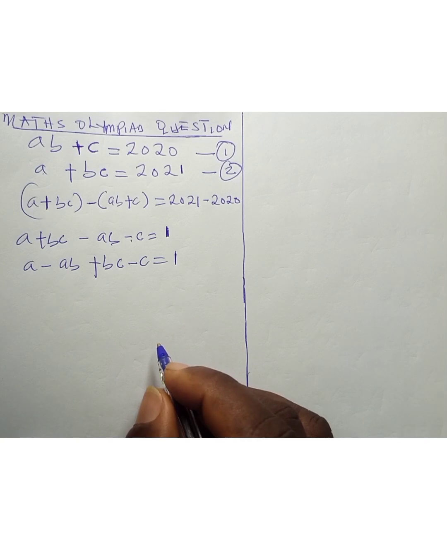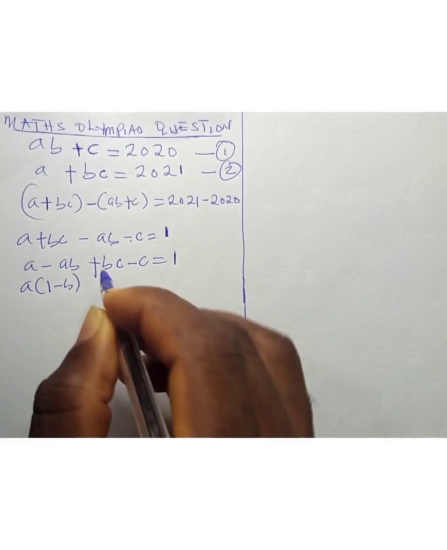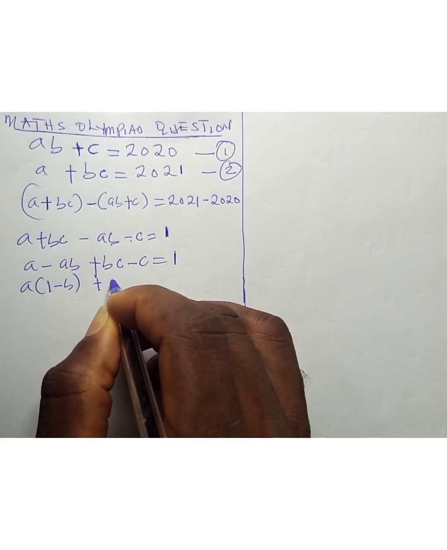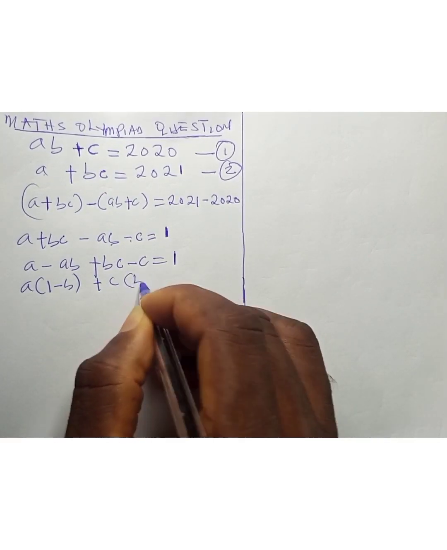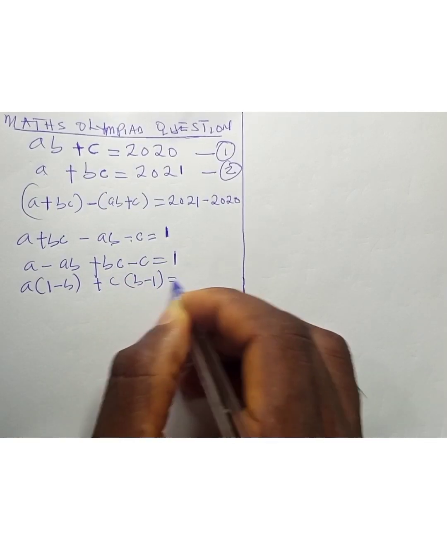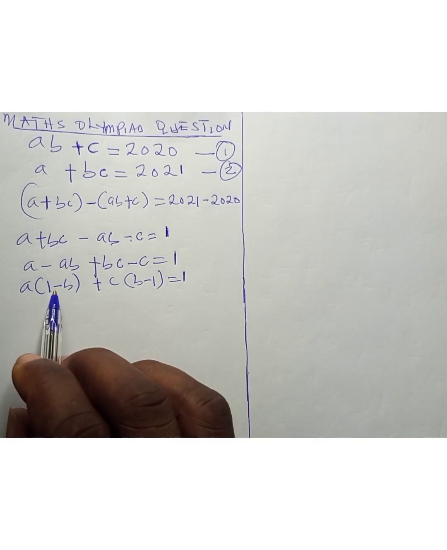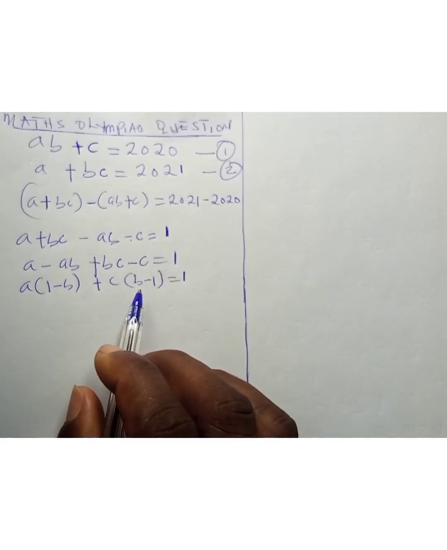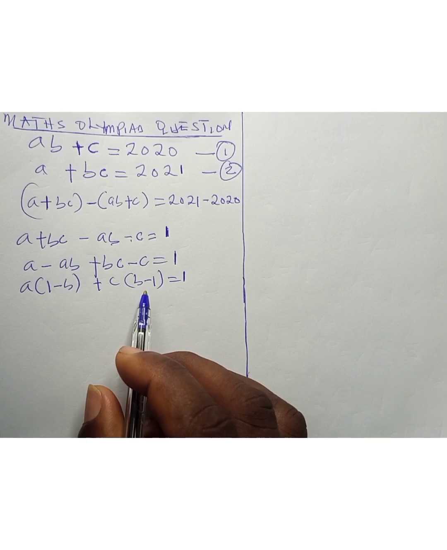We can factor out A. We're going to have A times (1 minus B) plus C times (B minus 1) equals 1. We discover that 1 minus B and B minus 1 seem to be common, but they need to be in the same sign.